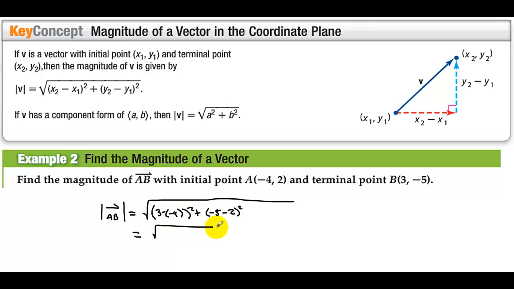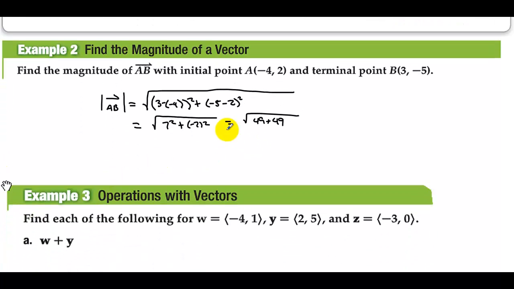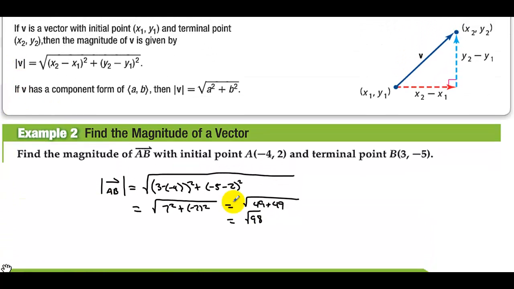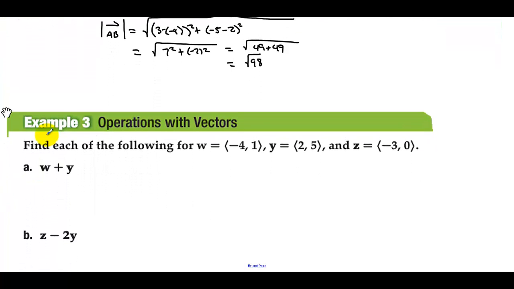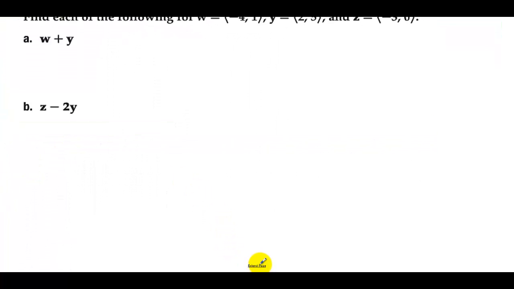So we have the square root of 7 squared plus negative 7 squared. That's equal to the square root of 49 plus 49, which is the square root of 98. That is the length of that vector, or the magnitude of the vector. And of course, we could find the decimal value of the square root of 98 by using our calculator.